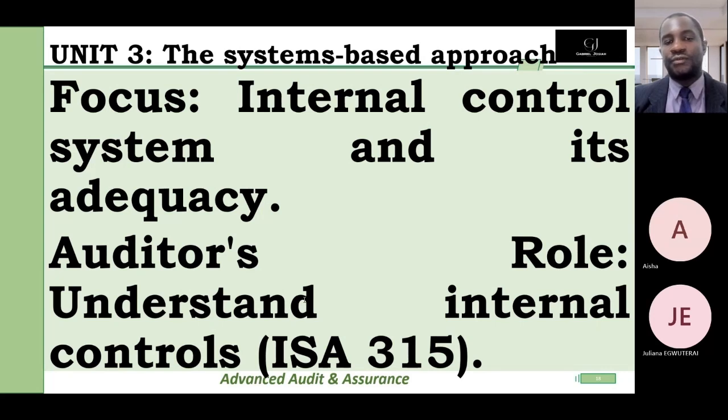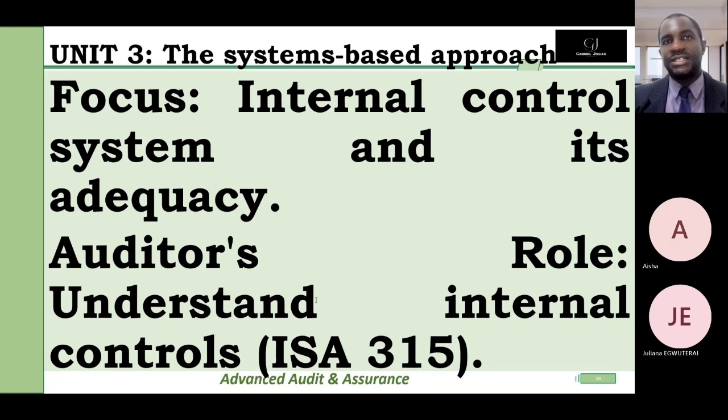The focus of the systems-based approach is that we need to evaluate and test the adequacy of the internal control system within the organization. A functioning control system ensures reliable financial reporting, operational efficiency, and compliance with external laws and regulations. Compliance with the company's internal policies and laid down procedures is also very important.